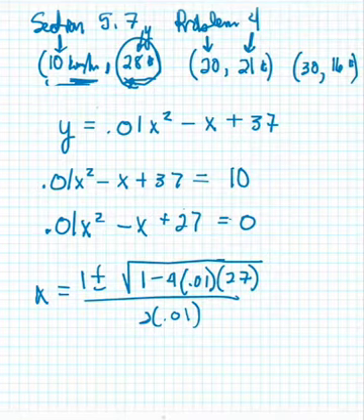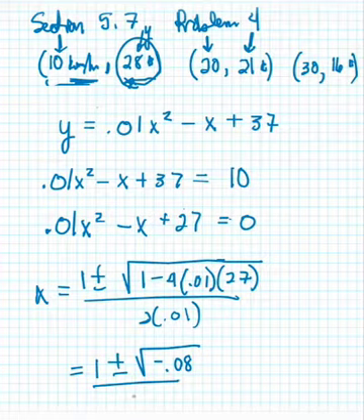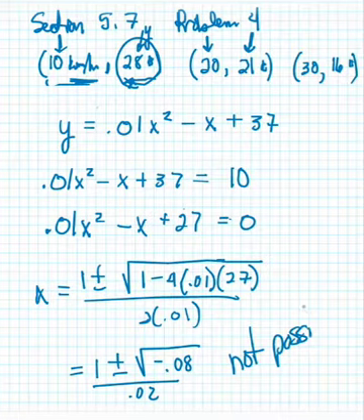Yeah, we get a negative under the radical, so it's not going to be a real number. Under the radical, I get negative 0.08 over 0.02. But it can't work, because I get a negative under the radical. That's not possible in the real number plane, though it would be possible in the complex number plane.